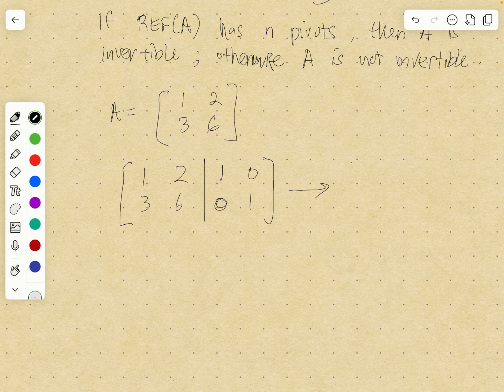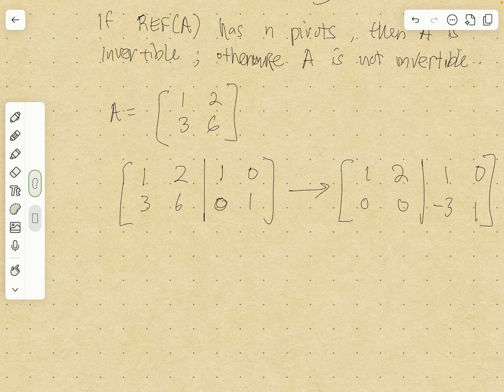So let's see what happens if you row reduce. Well, we're going to replace row 2 by row 2 minus 3 row 1, and that will give you a row of zeros here, and then you're going to get -3 here and 1 here. Well, obviously you're not going to be able to solve.